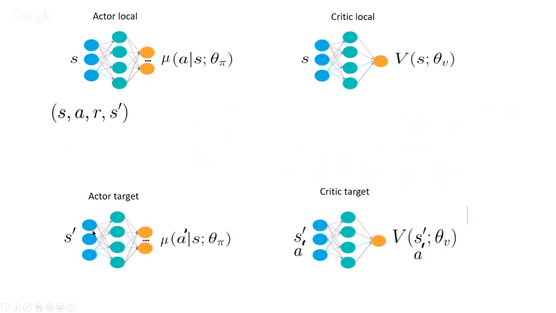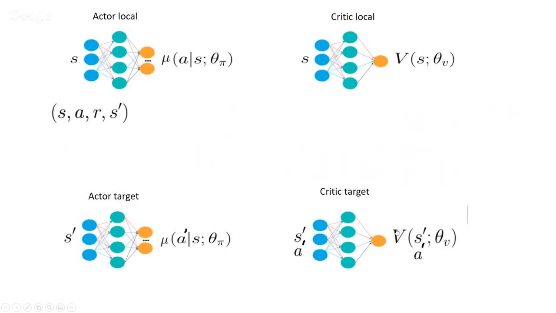You input your S prime to actor target. It gives out A prime that you will take given S prime. You use S prime, A prime, input it to the critic target. Now remember, previously we just inputted S. Here we are inputting S prime and A prime both to compute an action value.